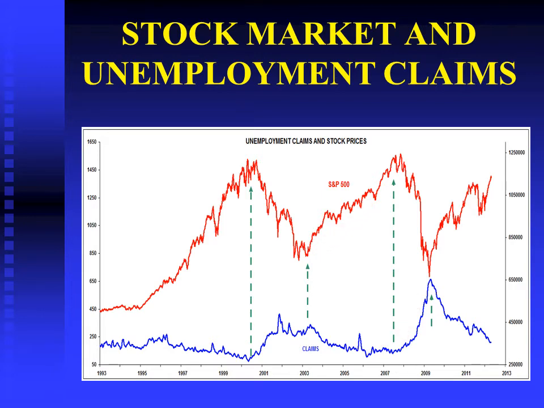When unemployment claims rise, the stock market is weak. Why? Because when unemployment claims decline, that means the economy is strong, profitability is going to improve, and of course this is what the stock market thrives on. In 2012, unemployment claims declined, and of course the market went up. So this is a useful measure to follow.